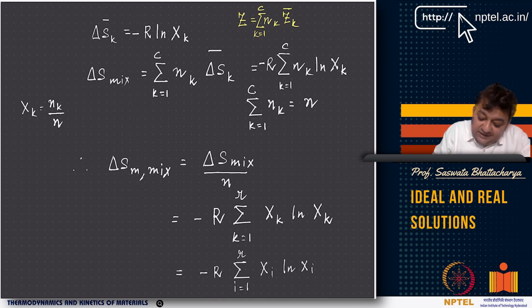So delta S mix is the sum over K equals 1 to C of Nk delta SK bar, which is minus R Nk ln Xk. Now summation Nk is N.